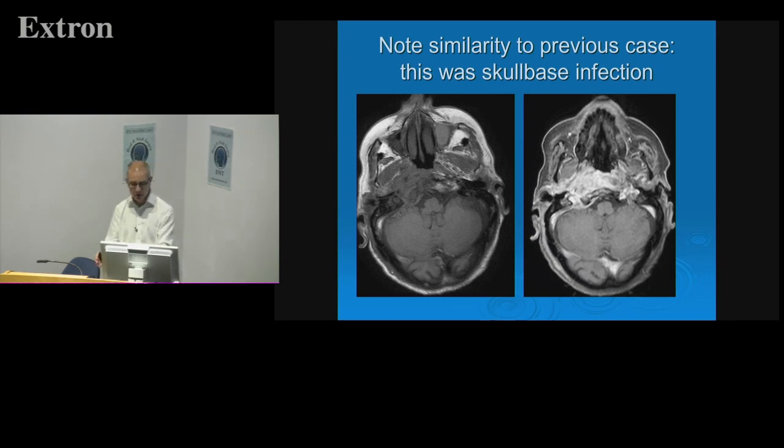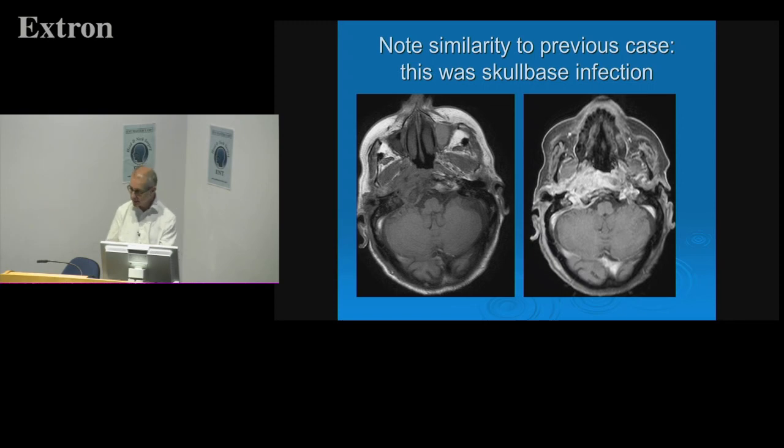When you do image, sure, CT helps in terms of bony destruction, but in terms of MR, make sure you do precisely the same imaging protocol each time to enable you to compare like with like. Otherwise, it can get very complicated. When you're trying to make decisions about long-term OPAT or whatever it is you're going to do to treat the patient's infection, it's much easier if you've got uniform protocol imaging.